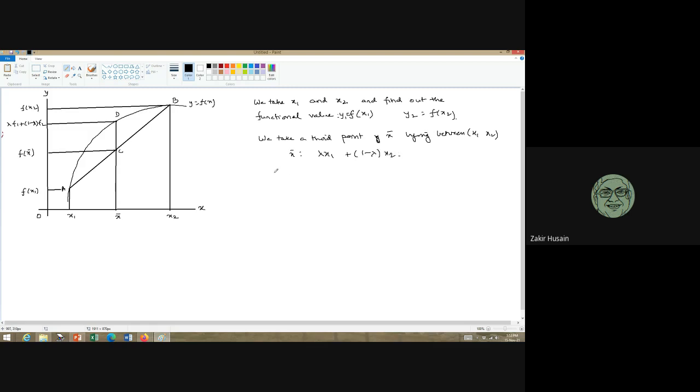Okay, so the functional value of this will be... Right. Then what we do is we take f of x1 and f of x2, we connect them with a line and find out the point in between. Sorry, I made a mistake over here.